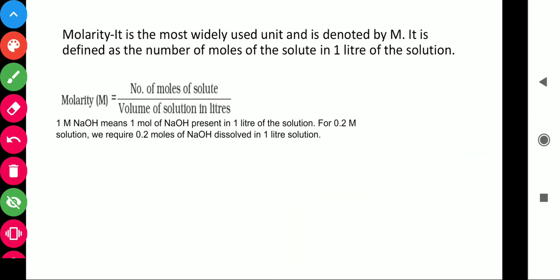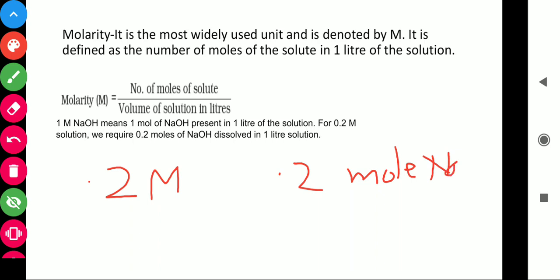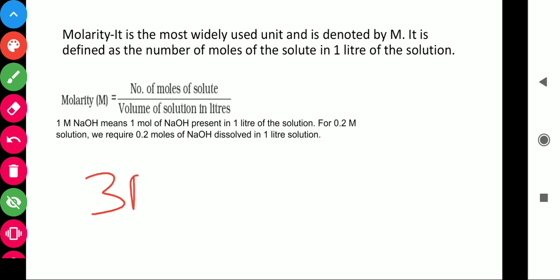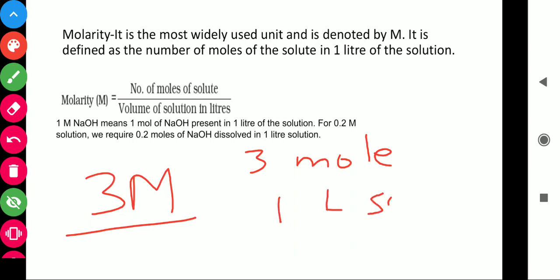If we take 0.2 M, it means 0.2 mole NaOH dissolved in 1 liter solution. If it is given 3 M, what does it mean? It means 3 mole dissolved in 1 liter solution.